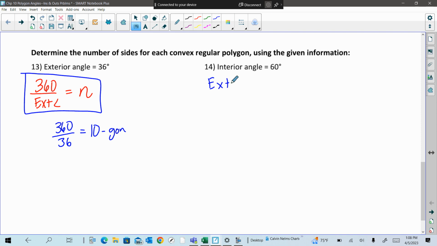How could I get to that exterior angle? Subtract the interior. Yeah, so 180 minus the interior. So that means the exterior angle for an interior of 60 is 120. Now that I have that angle, I'm just doing 360 divided by 120. So you might have to add an extra step, okay?